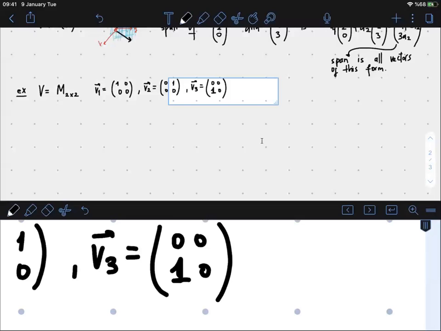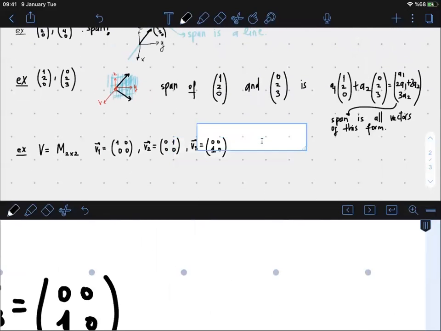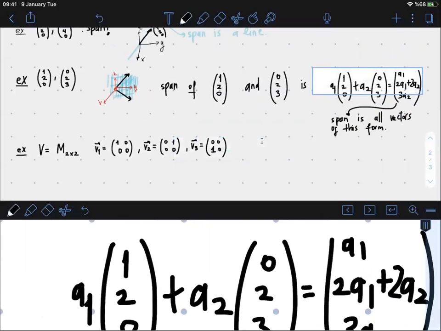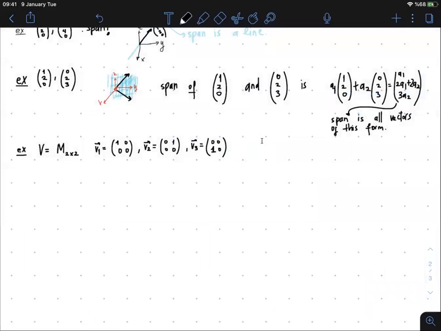Question: for the last example, why is the span not R3? Because I cannot write every x, y, z in this form, right? So let's talk about the last example a little bit more.